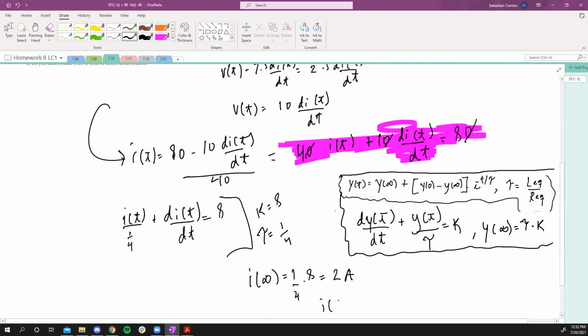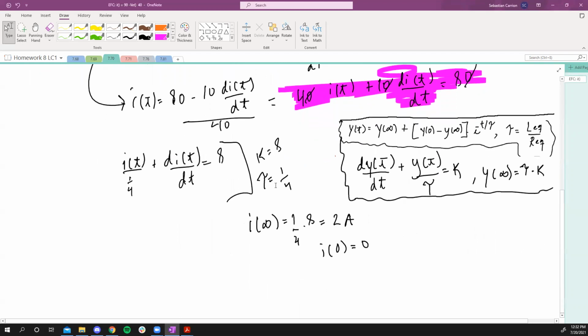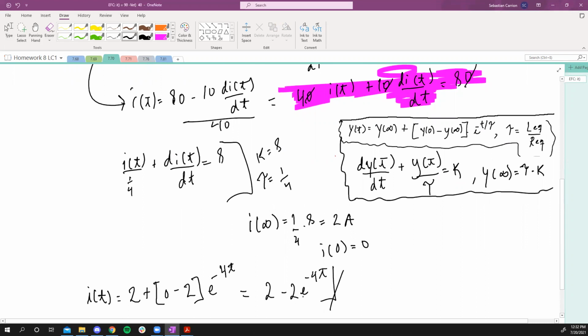And our i at time 0 would be 0. Okay, so then we can go ahead and replace. i infinity 2 plus 0 minus 2 e to the negative 4t. So it'd be 2 minus 2e^(-4t) would be our function for our current i(t).